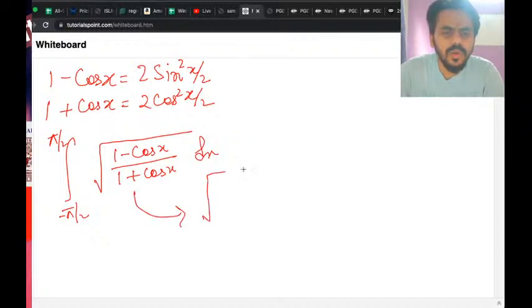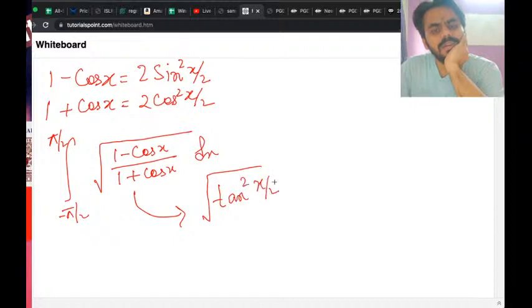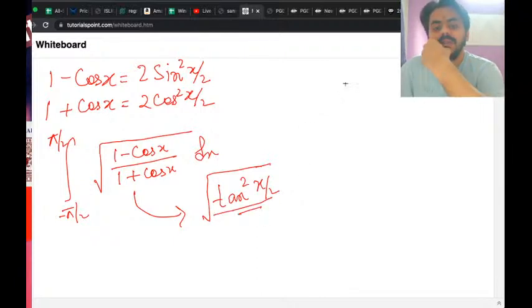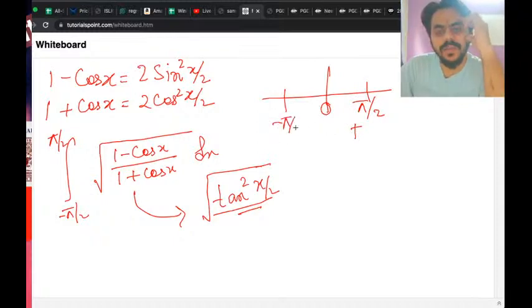This will change to root of 2 cancelled, sine by cos is your tan. So this will be your square root of tan square x by 2. Okay, so in that particular case, I need to check the sign of tan, right? From 0 to pi by 2, tan will be positive, so tan square will be positive, and from minus pi by 2 to 0, tan will be negative, right?